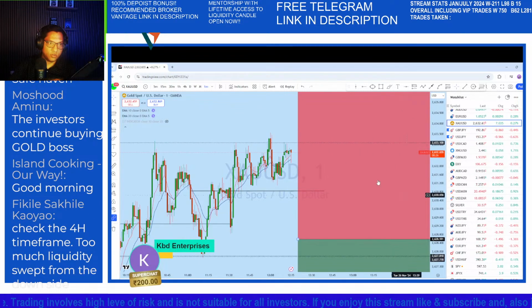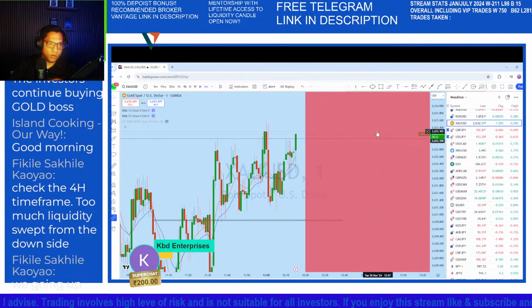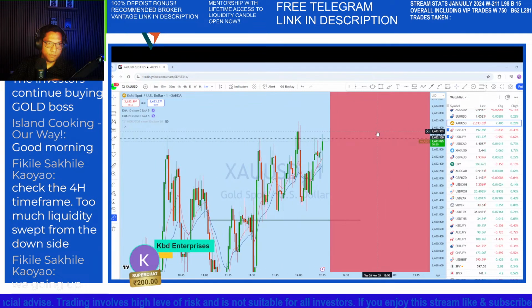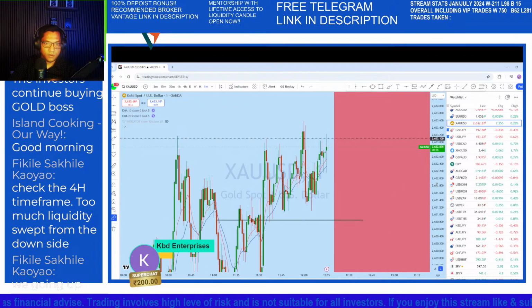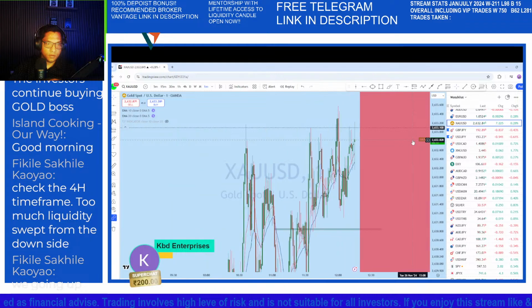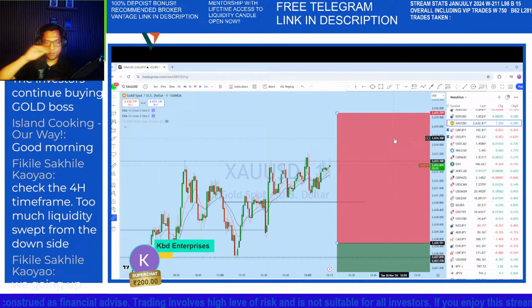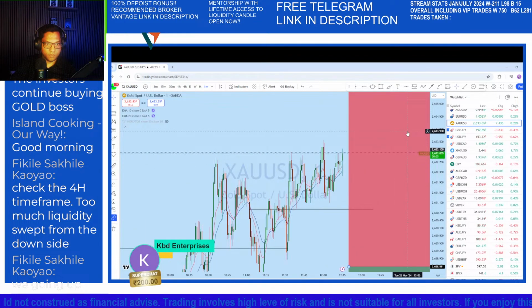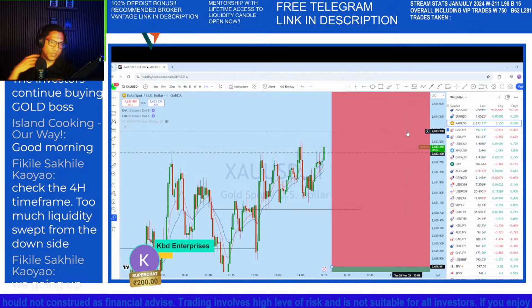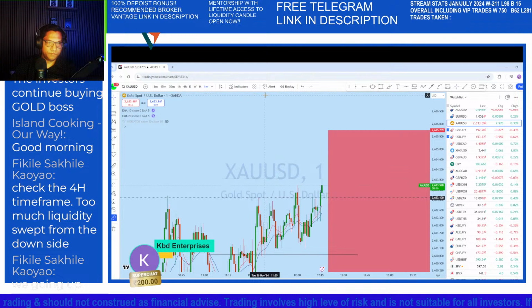We can't force the market to give us a trade, rather we have to wait for the opportunity to appear, grabbing more liquidity. Bias is upside. I just break out now.